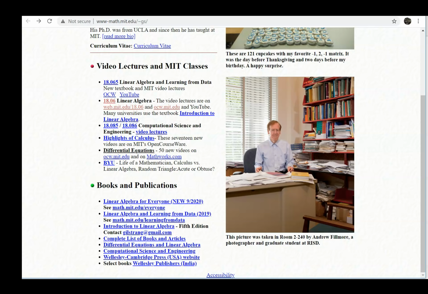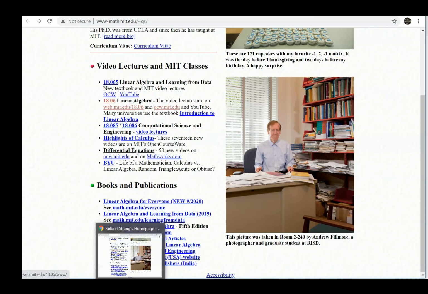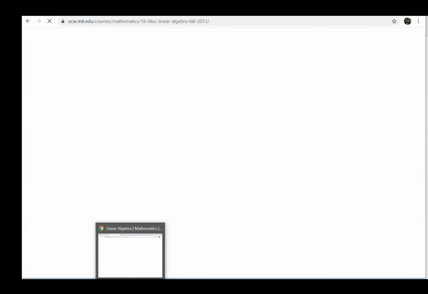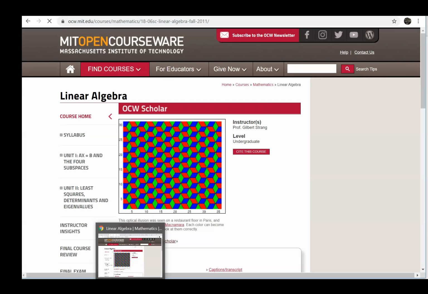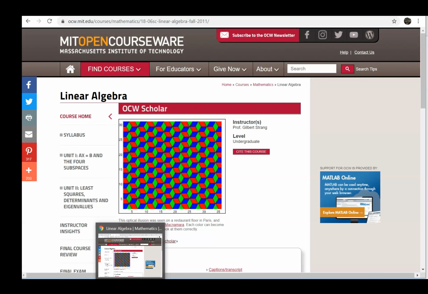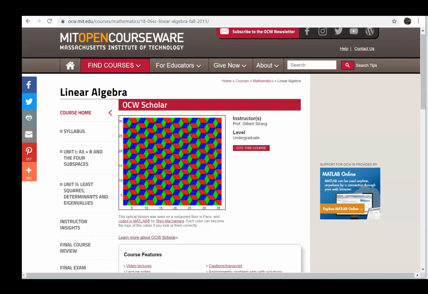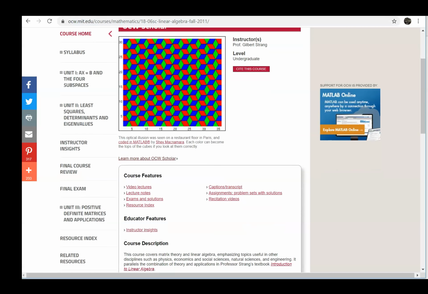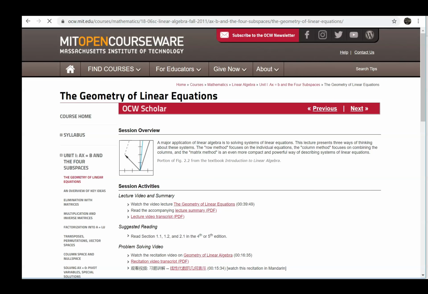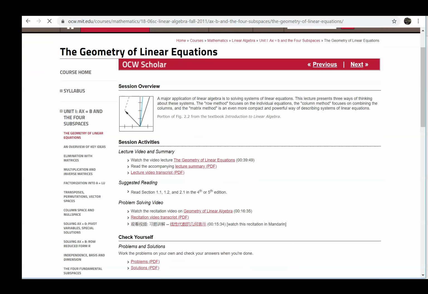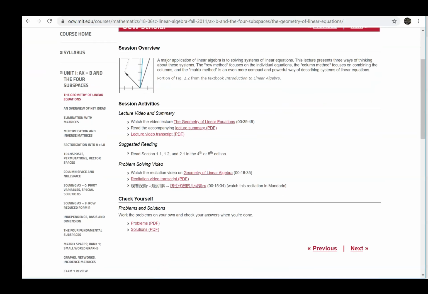However, if you look at this class, 1806, let's open that in MIT Open Courseware, and you have all the video lectures, right? So we can click on video lectures, and then you can have access to all the video lectures, which are usually between 40 and 50 minutes long, and a lecture summary, which can give you the main points.